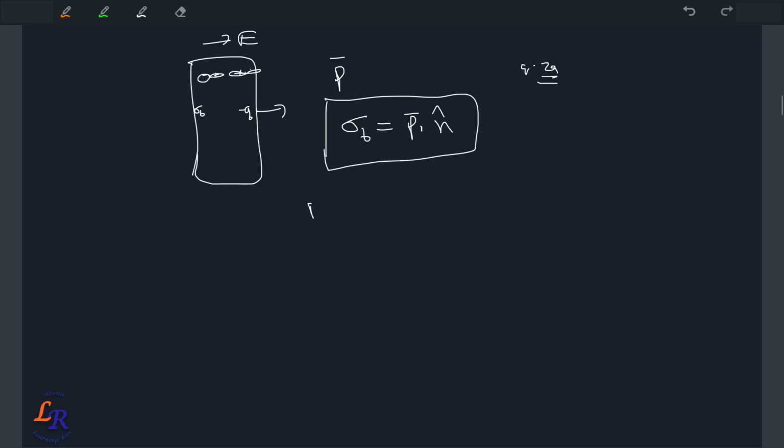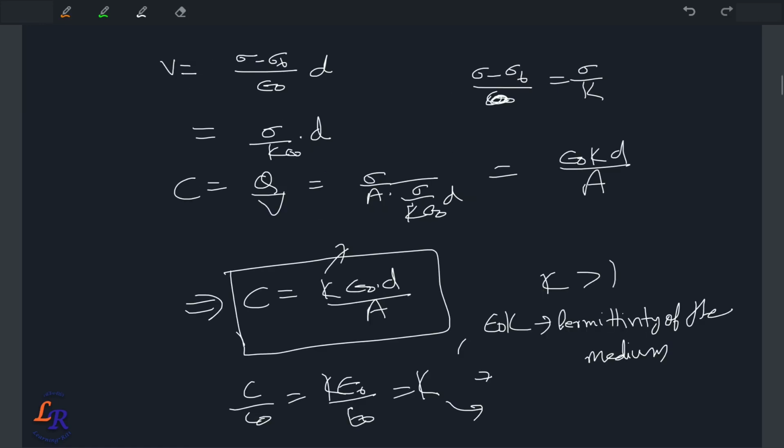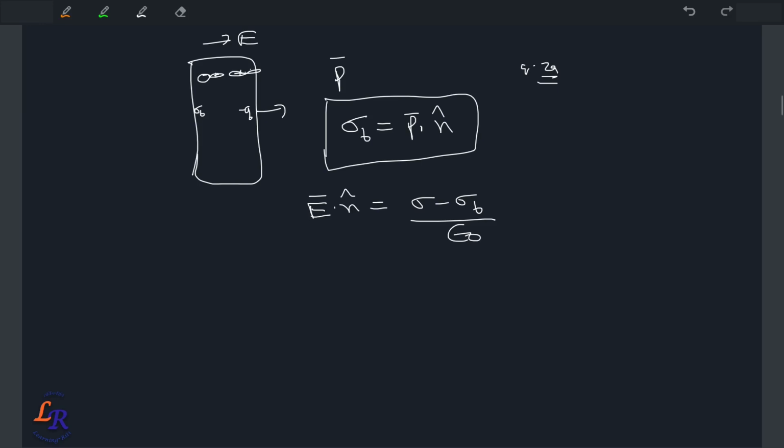So if you multiply the electric field, the vector quantity, by the normal unit vector, you will get the value sigma minus sigma b upon epsilon 0, just as we saw before, right? So we can write this sigma b, the bound charge, the charge difference, and this would be giving the electric field.